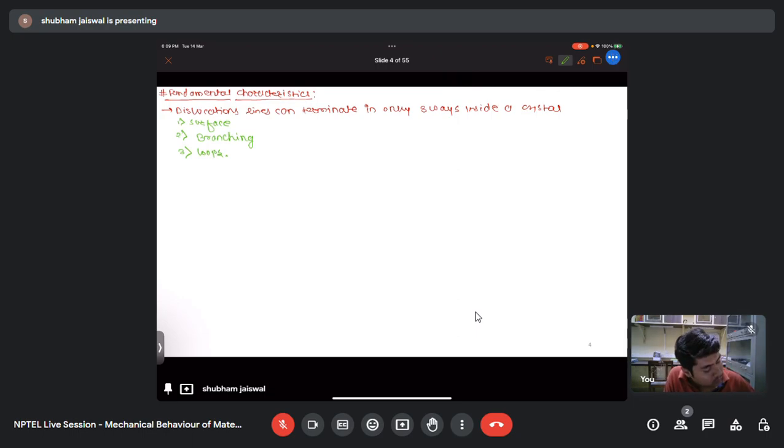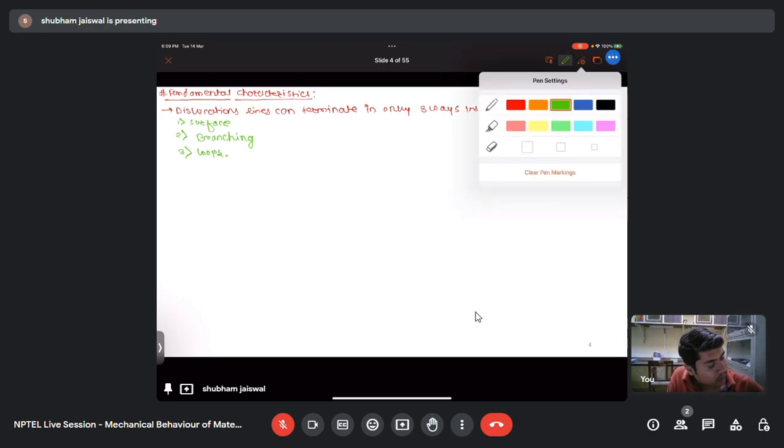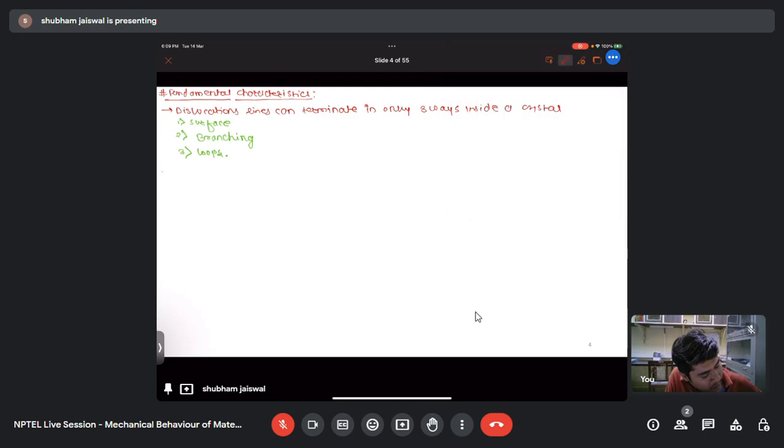So the second characteristic is that a dislocation cannot terminate inside a crystal. This is the second fundamental.